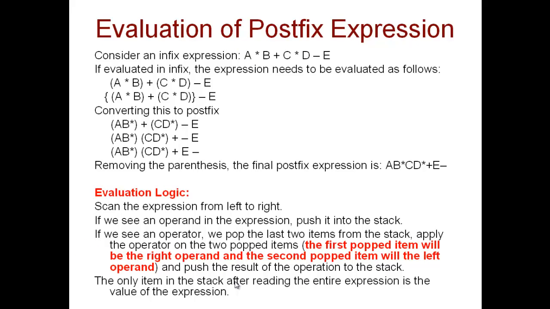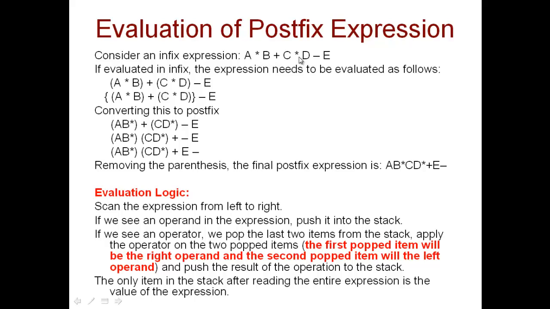So let's see an example. You have again a star b plus c star d minus e. There's no parenthesis, so we have to decide how to evaluate this as an infix expression, breaking ties. You have two multiplications, so you give precedence from left to right. So you will do a star b first, so that's one result term, and then plus c star d minus e.